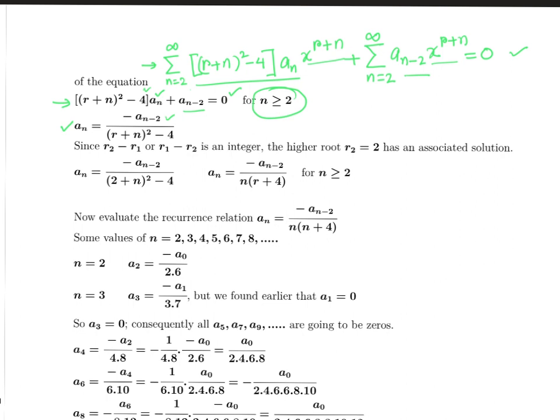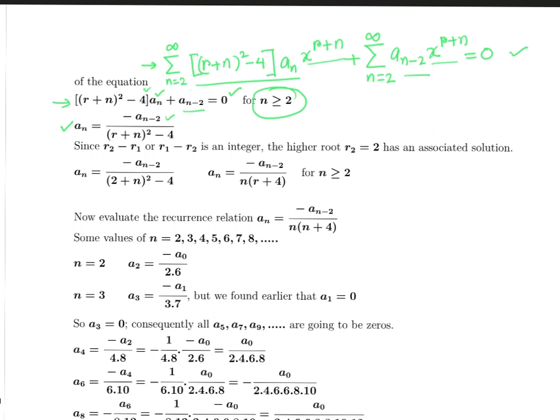Now, there is an interesting scenario we have to consider here. Both of our roots for the initial equation are integers, so the difference of the two roots is also an integer.